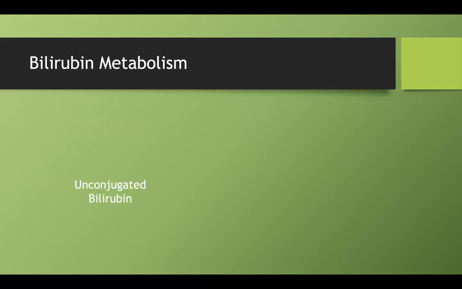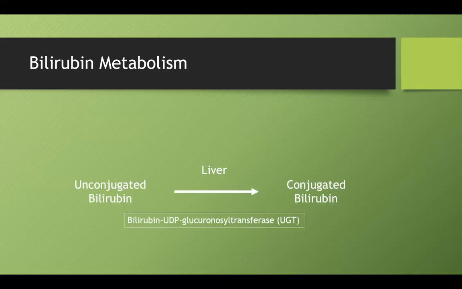And here is our pictorial representation of the metabolism. So you have unconjugated bilirubin, it goes through the liver and creates conjugated bilirubin, and that's done by this bilirubin UDP glucuronosyl transferase. So I don't even know. I'm not even going to try it. Let's just call it UGT now. Glucuronosyl transferase. Okay, we got it.